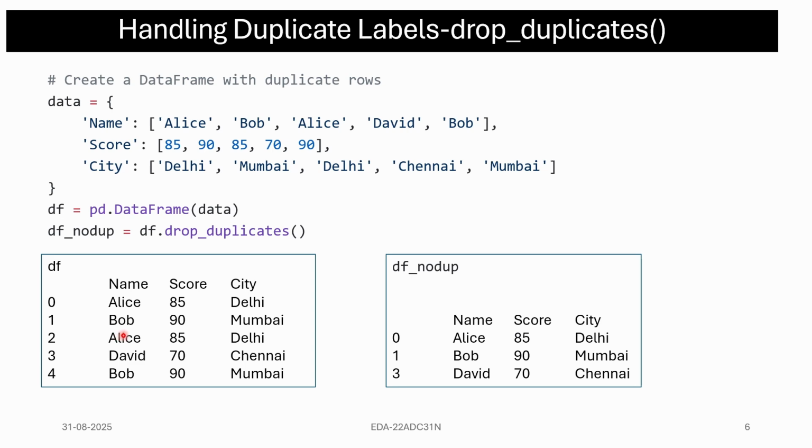Not just the name but also the other column values are matching in 2 rows. For example, Elise 85 Delhi, and here also we have Elise 85 and Delhi. Similarly, Bob 90 and Mumbai, and similarly we have Bob 90 Mumbai. In such a case only we call them duplicates.